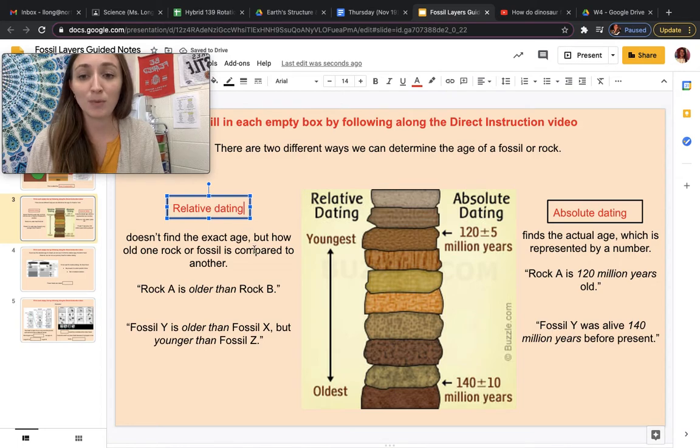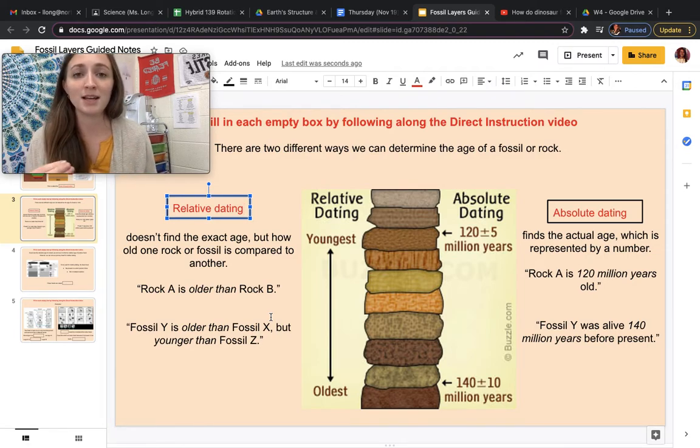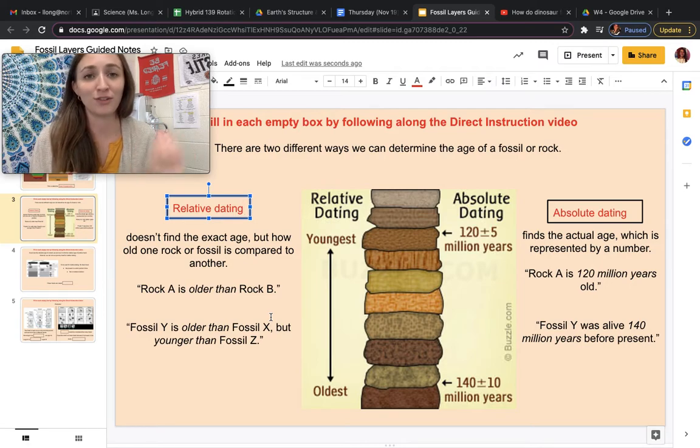When we talk about relative dating, we're not giving an exact age, so we're not really going to use a number for it. We're just comparing the age of one fossil or one rock to another. So you can say that rock A is much older than rock B. That's like saying if you have a younger sister, you would say that your sister is younger than you. So you're not giving an exact age, you just know one is older or younger than the other.